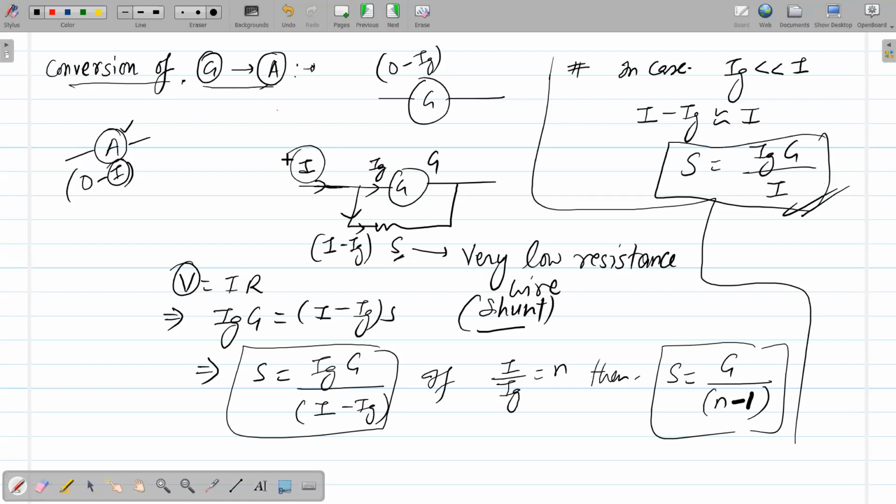It can be obtained by lowering the value of S, right? Decrease S, absolutely. Because when you decrease S, this current will increase, and this I is the combination of this and this current, so the total I will also increase.